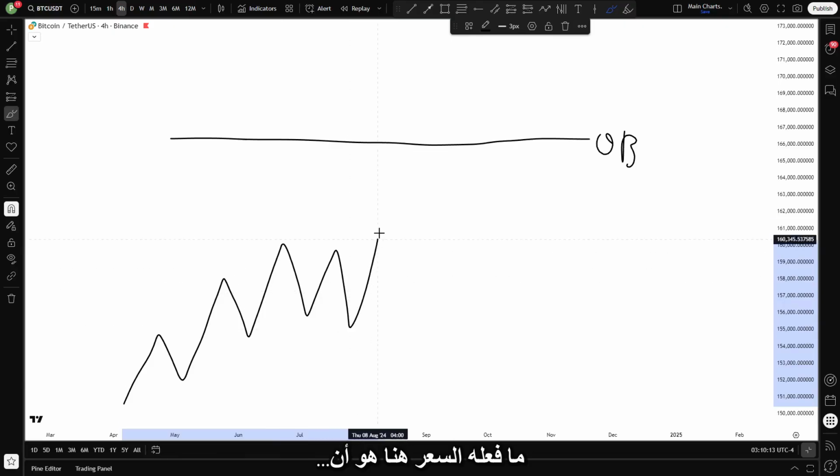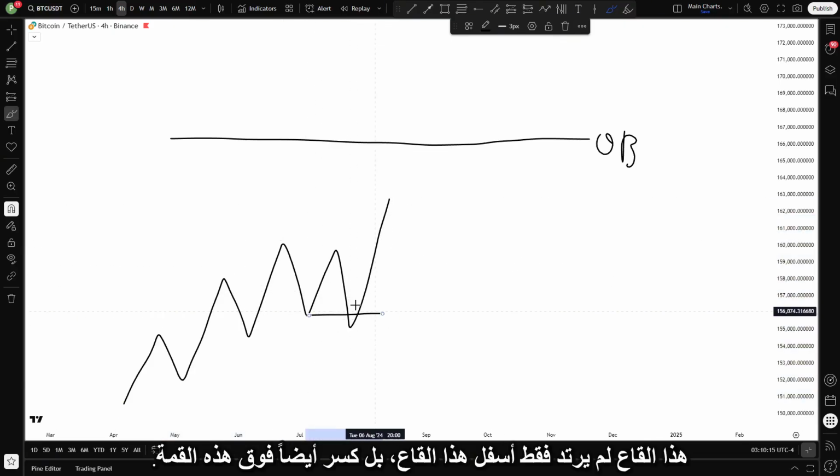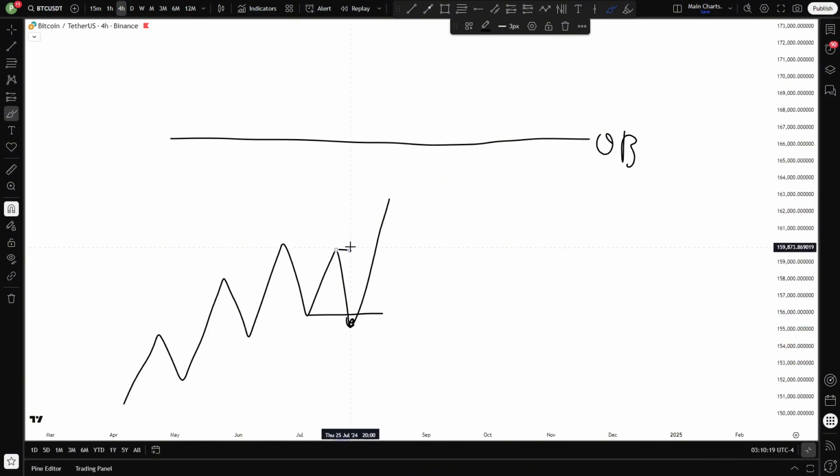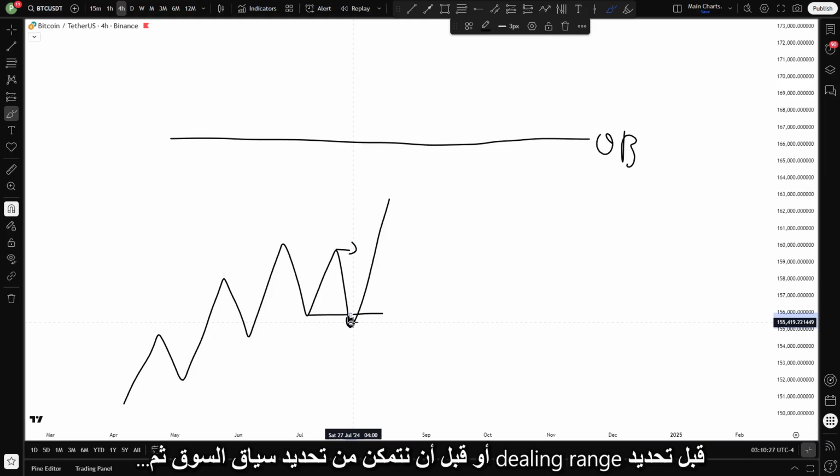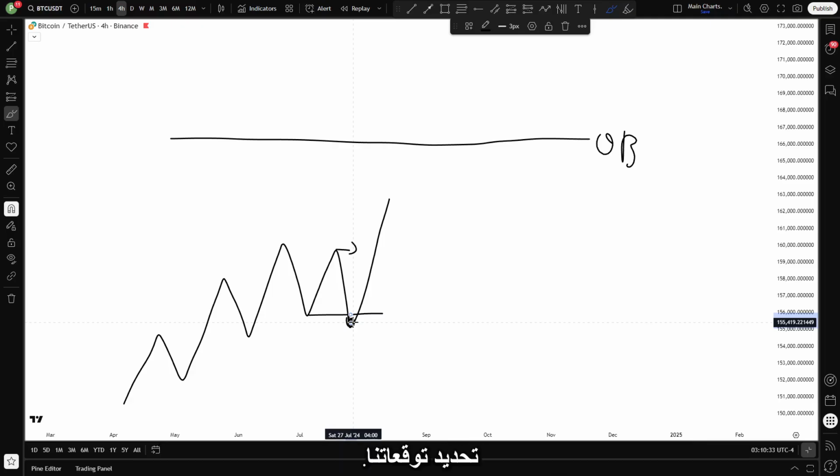What price has done here is that this low has not only rejected below this low, but also it has broken above this high. So this is a significant low, but we also need a significant high before marking out a dealing range, or before we could mark out a market context and then set our expectations.